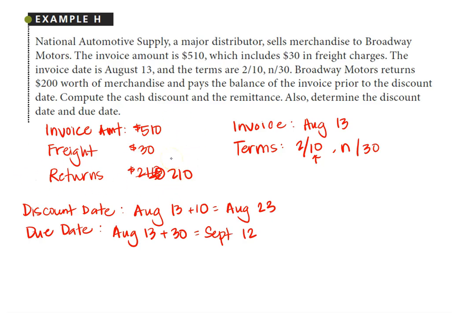Now let's start calculating the net purchase. So my net purchase is simply my invoice amount of $510 minus freight and any returns. And so this is $280 as my net purchase. Now I'm going to calculate my cash discount.